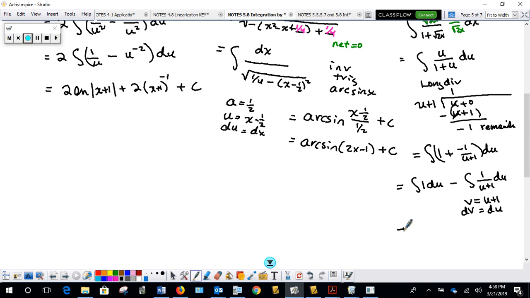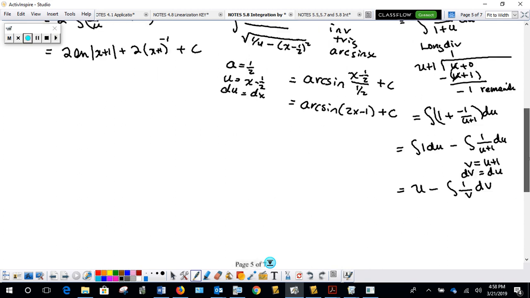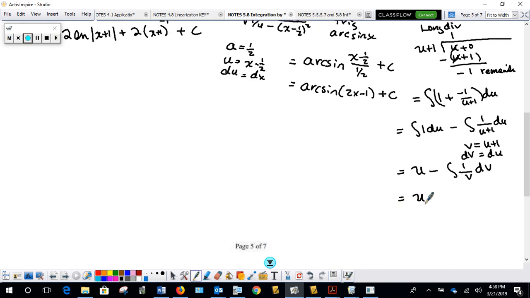So the antiderivative of 1 du is going to be u minus, here I'm going to put in my 1 over v dv. So that's going to be u minus natural log absolute value of v plus c. V is u plus 1.